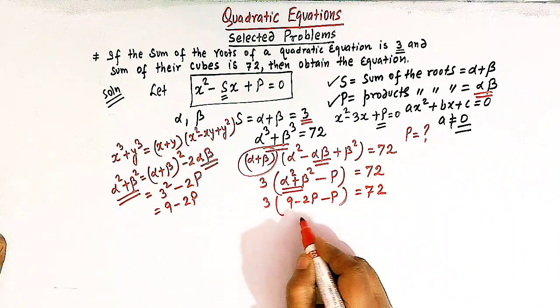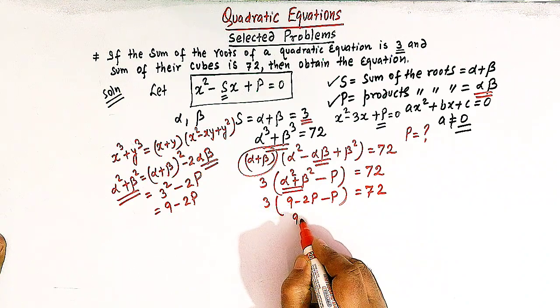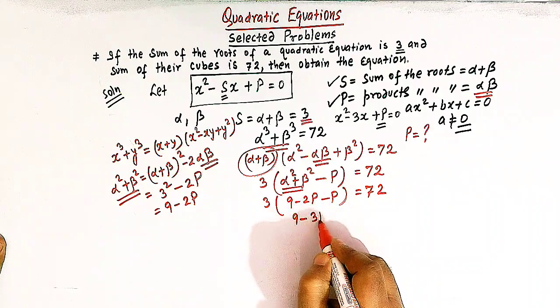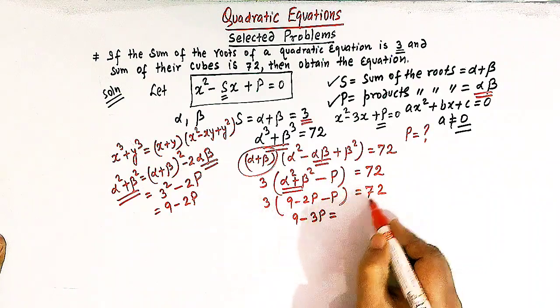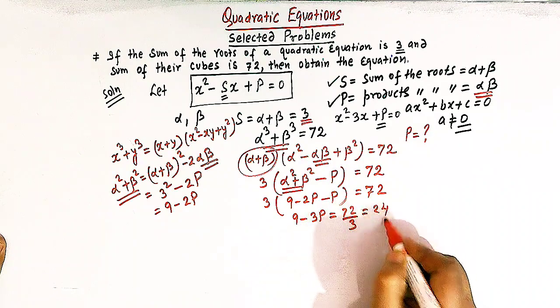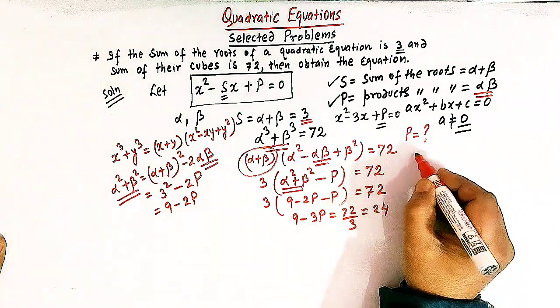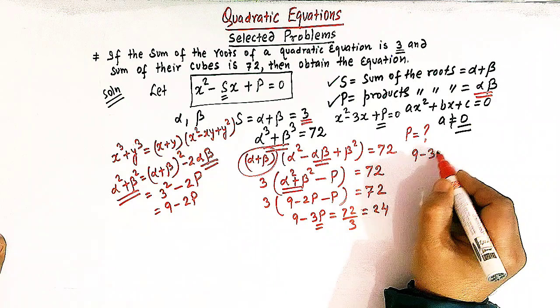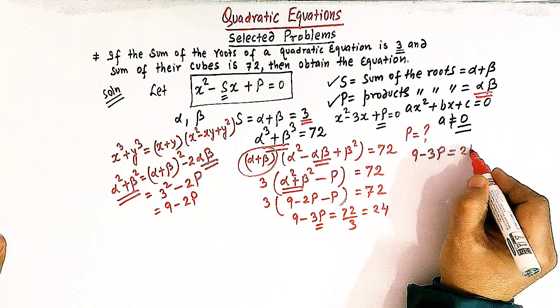Now here we have 9 minus 2p minus p, that is 9 minus 3p. Dividing 72 by 3, we have 24, right? So now we have a linear equation in p: 9 minus 3p is equal to 24.